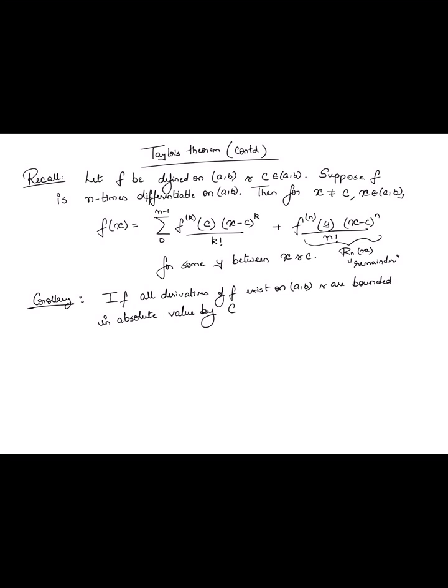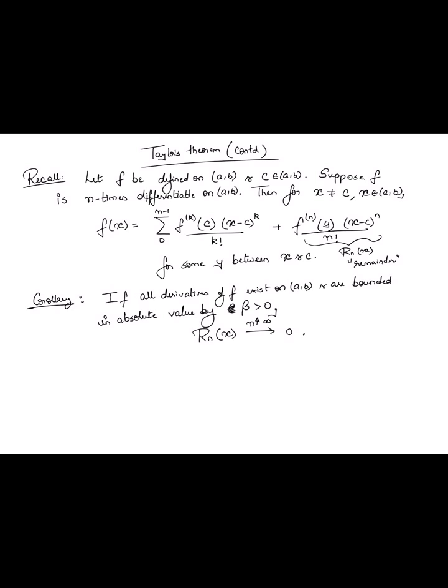C is probably unfortunate, let's use some other notation. Let's say beta greater than 0. Then it's easy to see that Rn of x will actually tend to 0 as n goes to infinity.